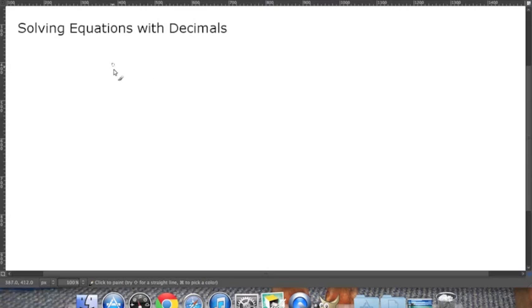Let's say I ask you to solve 2.8y minus 5 equals 10. We're going to start by adding 5 to both sides to get the y by itself.